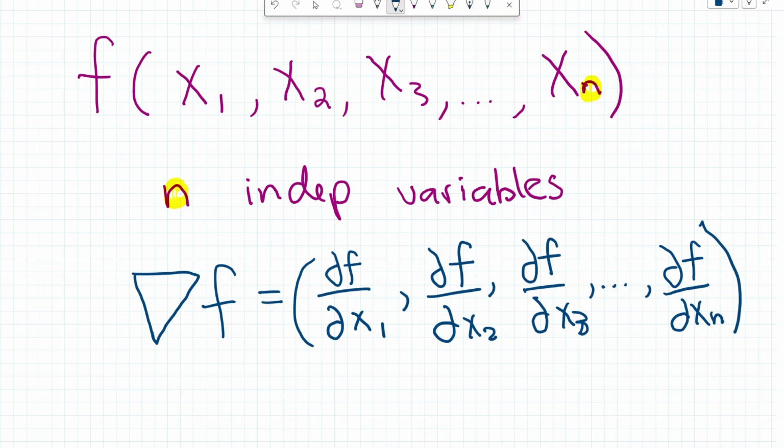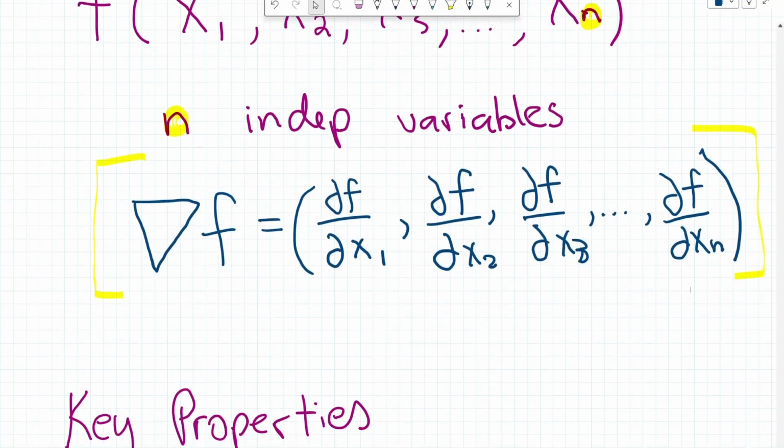Okay, so this is our fancy notation for gradient. The other way you can see it sometimes is it could be written as grad f instead of the triangle. Both notations mean the same thing. Again, we have this collection of partial derivatives with respect to each value in our multivariable function.